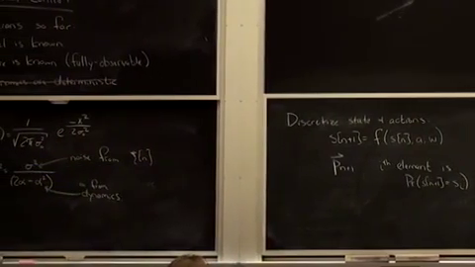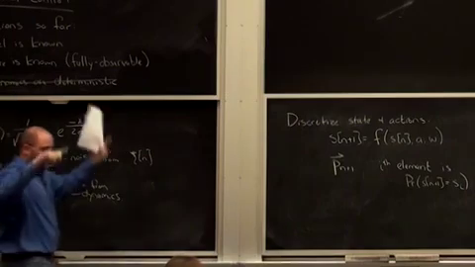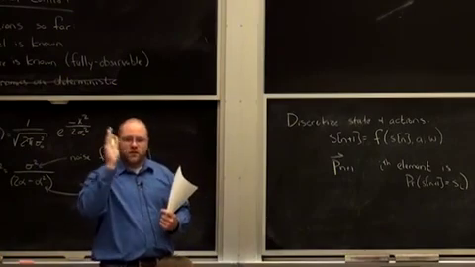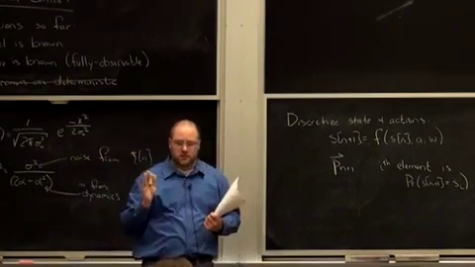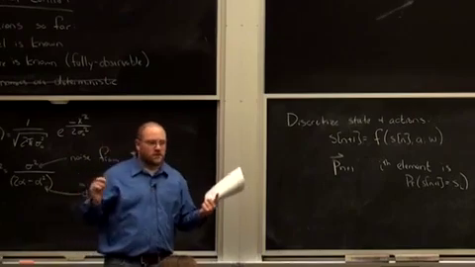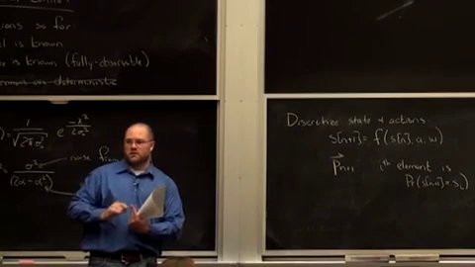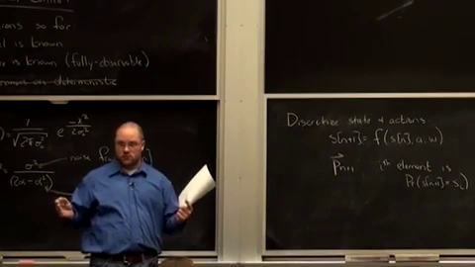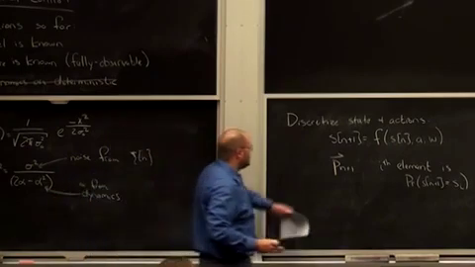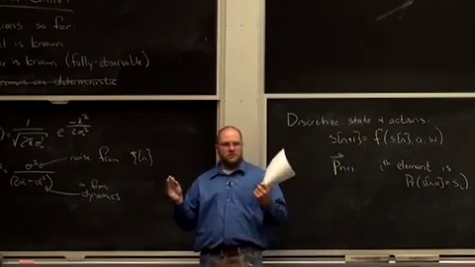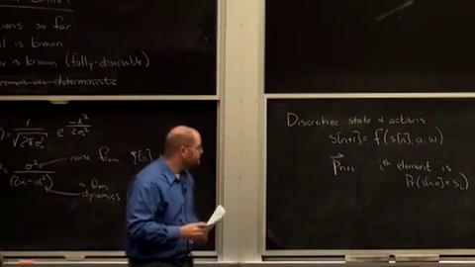My probability distribution, remember, in general was a function. In the particle in a bowl case, it was a continuous Gaussian function. If I discretize the state there, then I can represent that as a vector, saying what's the probability of being in state 1, what's the probability of being in state 2, probability of being in state 3, and so on. So the reason to discretize states is I can turn my continuous function into a vector.